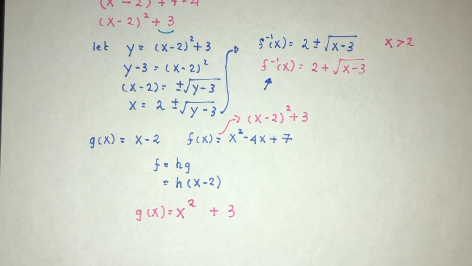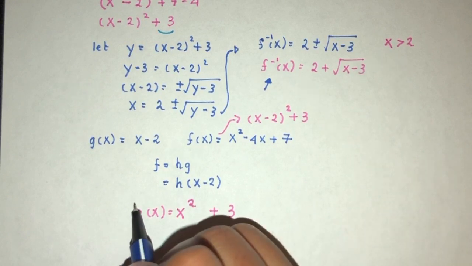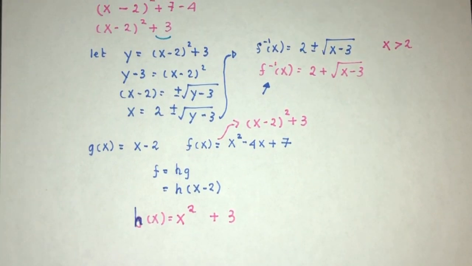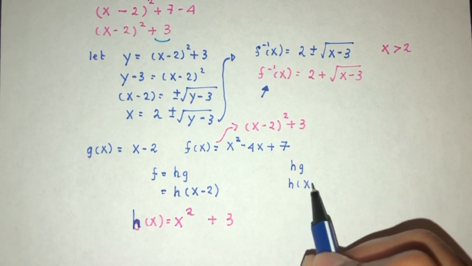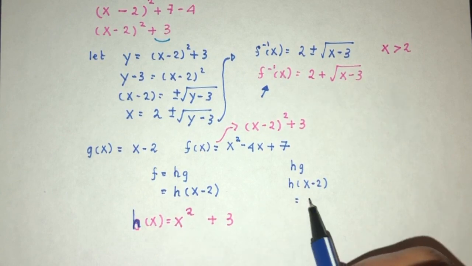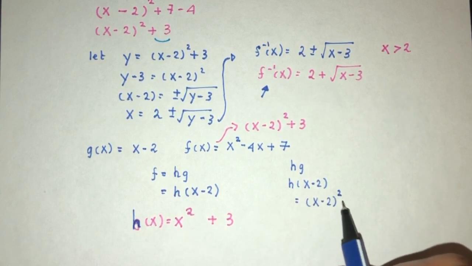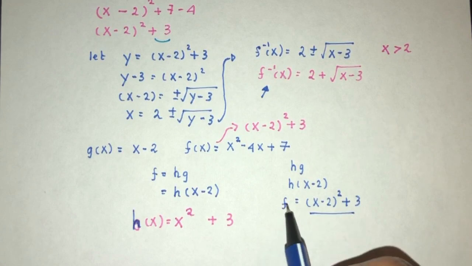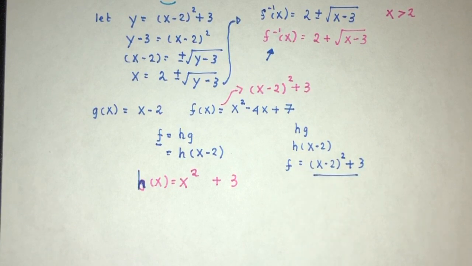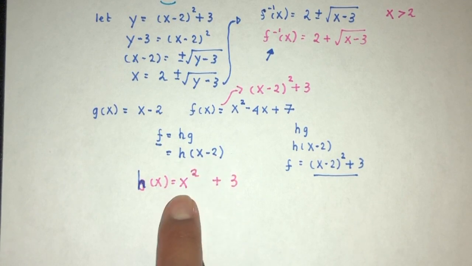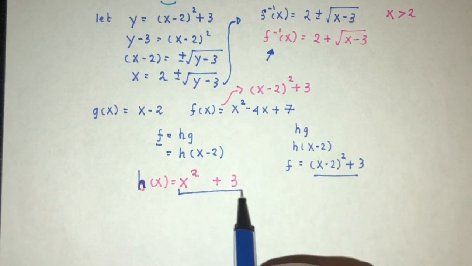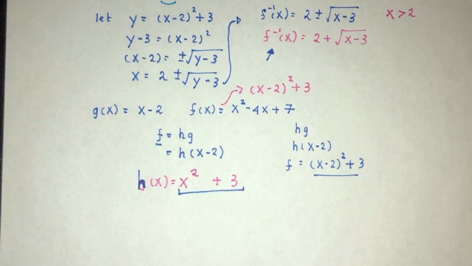Because if you reverse think about this, if I have h, this is not g, this is h. If I were to find h of g, for example, h of x minus 2, that will give you, replace here, (x minus 2) squared plus 3. And this is equal to f just as required. So you can see, step by step, just think reversely. How can we make h in such a way that when you apply this inside, you will get this? This will be the function that we are looking for, h of x.